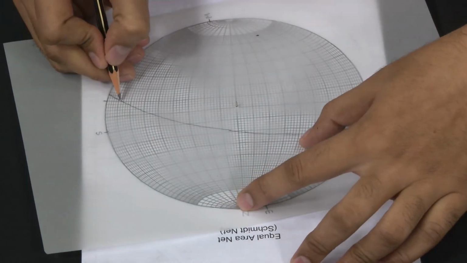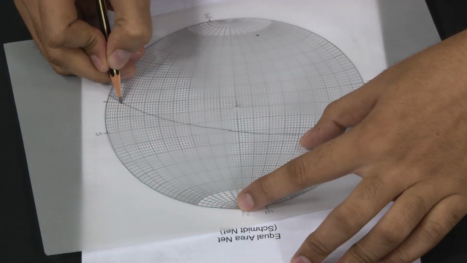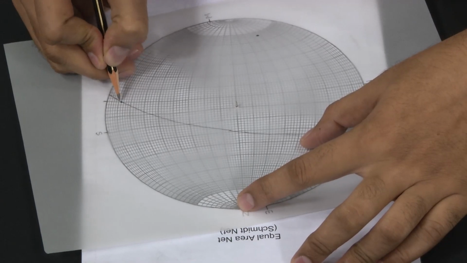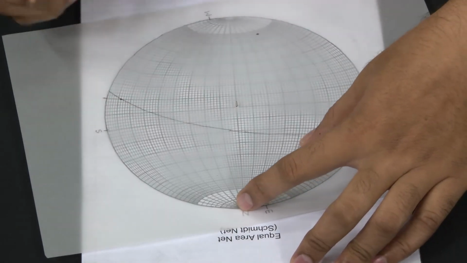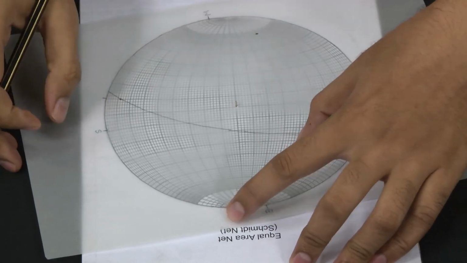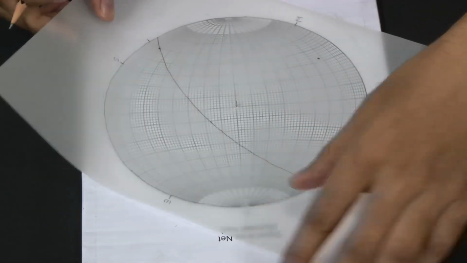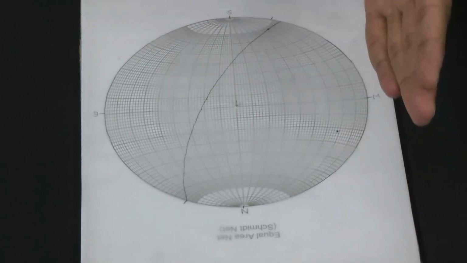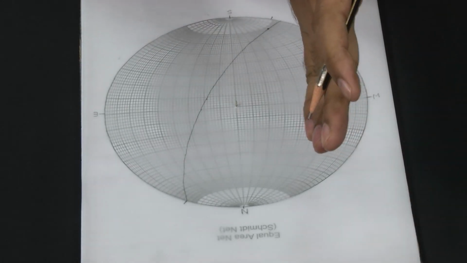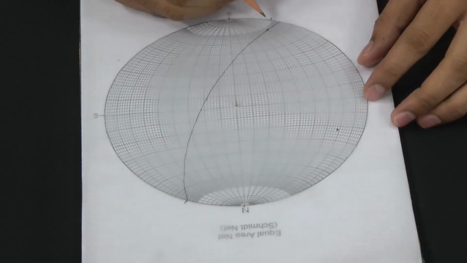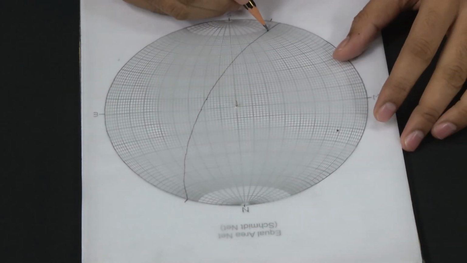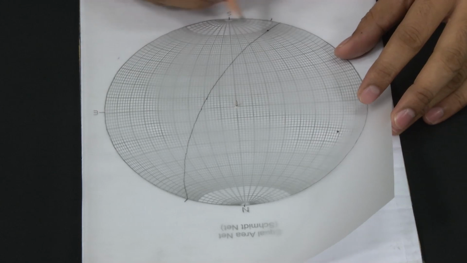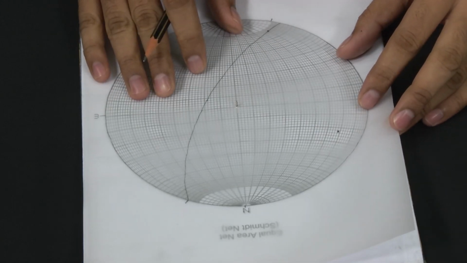So, this is 10 or 12 degrees. This point represents the slickenside line on the fault plane. Since this is a strike slip fault, the movement will be along the strike, and that is why the plunge of this slickenside line is low.